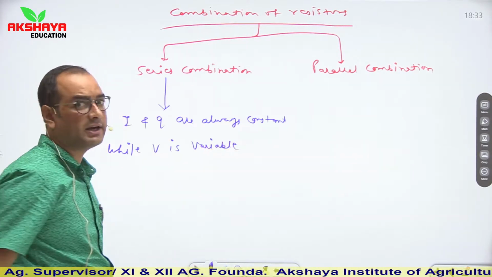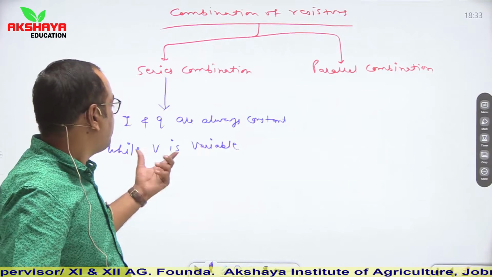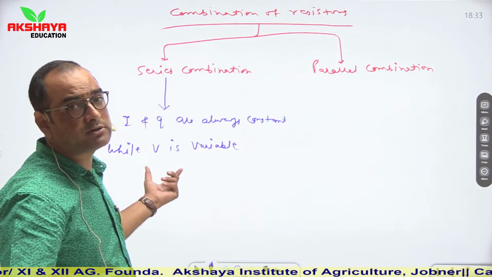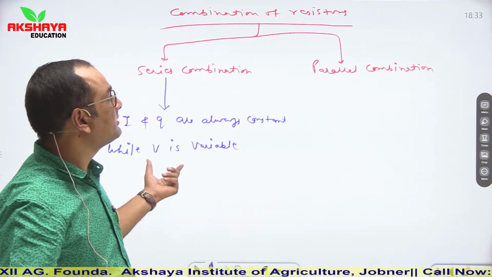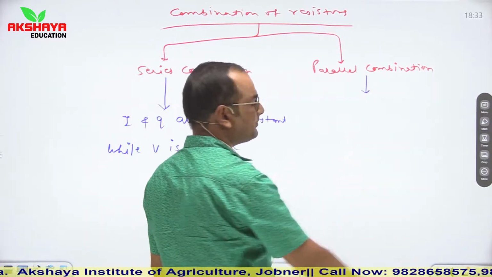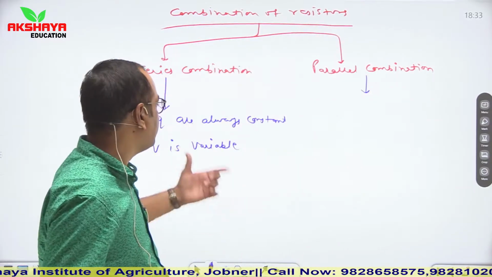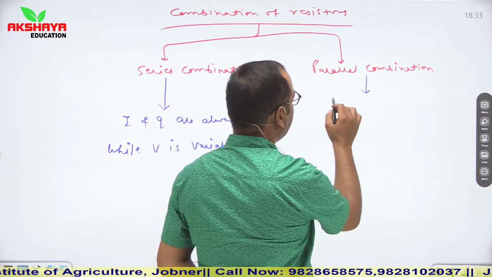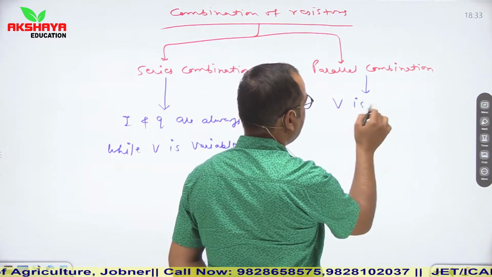As many devices are connected in series combination, the potential difference across the ends of each device will be different. While in case of parallel combination, potential difference V is constant.